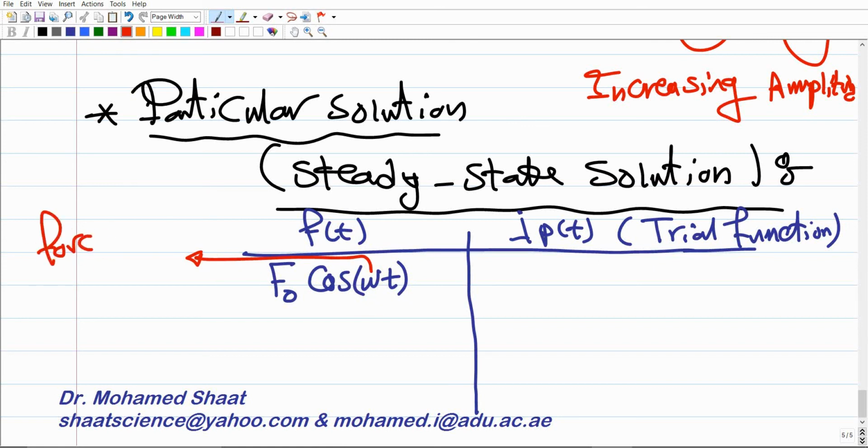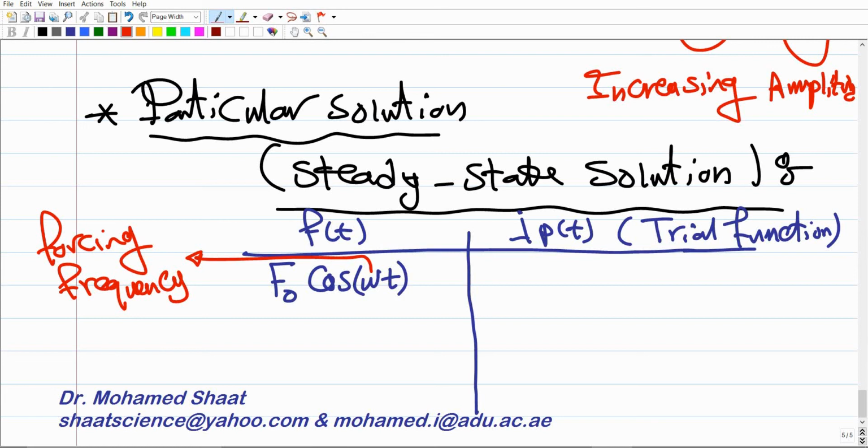This forcing frequency is different than omega n and different than omega d. Omega n and omega d are properties that depend on the system, but the forcing frequency is external. This shows how the force is going to change or vary over time.